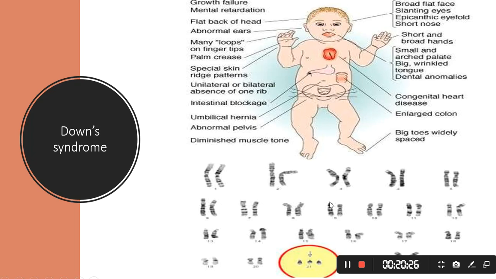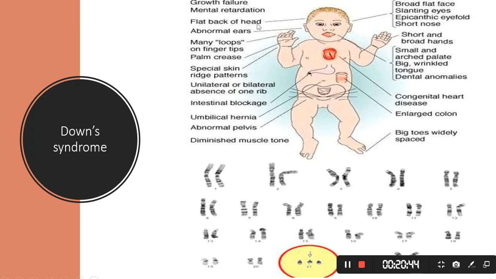The best example of aneuploidy is Down syndrome. You see over here at chromosome 21, instead of 2, there are 3 copies, and that is called Down syndrome. What are the signs you can see in a child affected with Down syndrome?